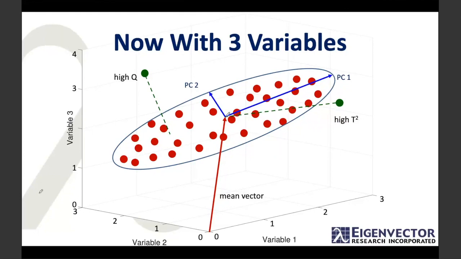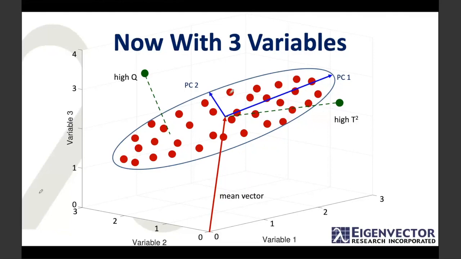PC3 would be orthogonal to the plane containing the data and would have zero variance if all of my data points were exactly within a plane. If I had little excursions above and below this plane, then PC3 would capture some variance, but we would consider that relative to PCs 1 and 2 to be small and probably noise.